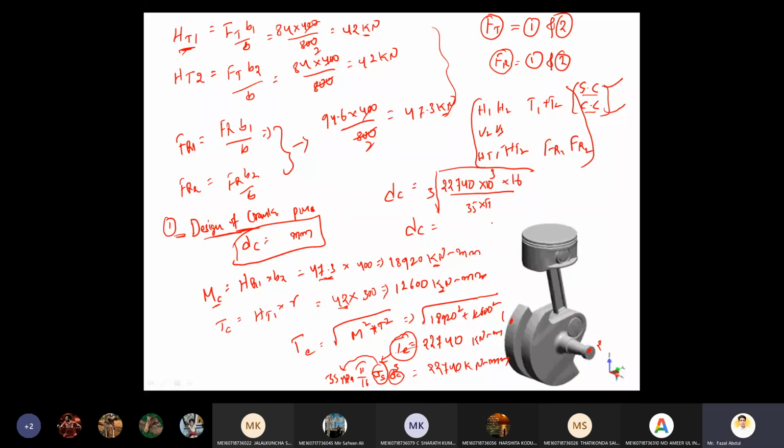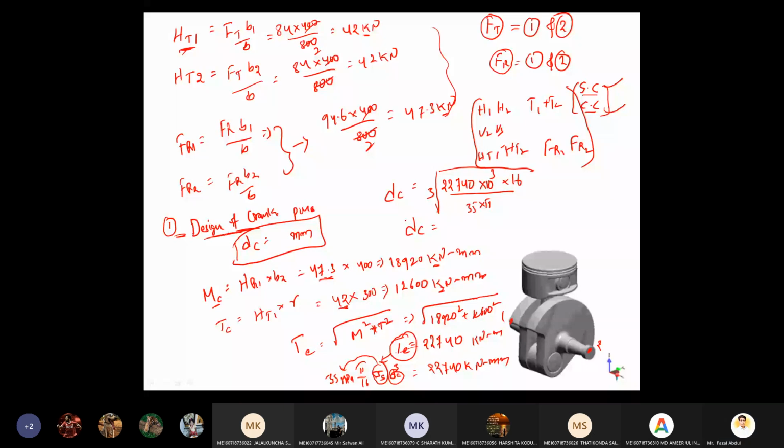The DC value is calculated as the cube root of 22740 into 10 to the power of 3, 16, divided by 35 into pi. Now the DC value is 150.